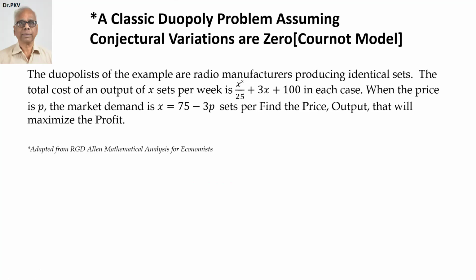Similarly, the second player will think about the first player. Each one of them is thinking the output of the other is invariant to what I decide or what he decides. So that is the assumption. And we are going to work out the problem solution in the next slide.